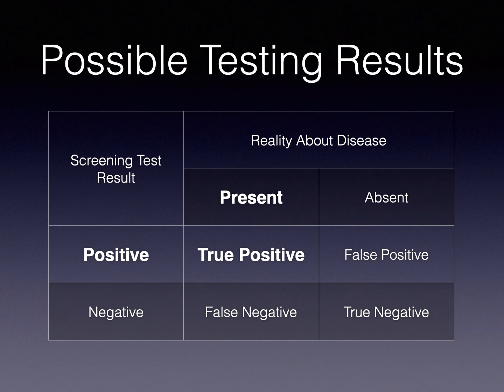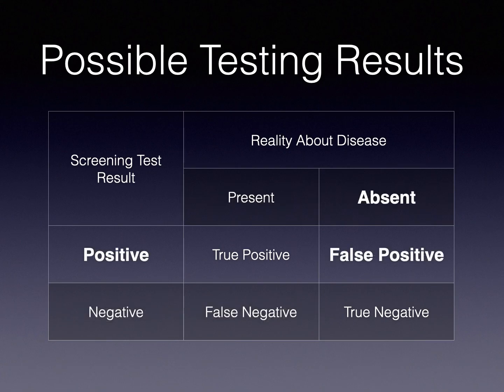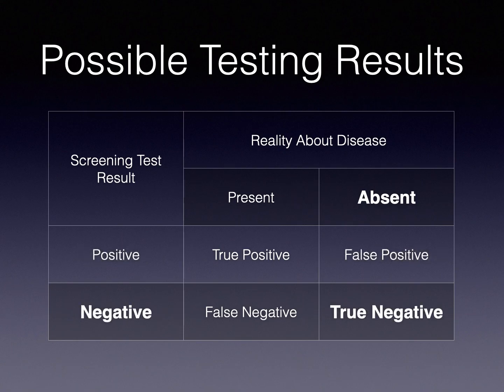Now, if the person has the disease and the screening test comes back positive, that is a true positive. If the disease is present, but the screening test comes back negative, that is a false negative. If the disease is absent, but the screening test is positive, that is a false positive. And if the disease is absent and the screening test comes back negative, that is a true negative.